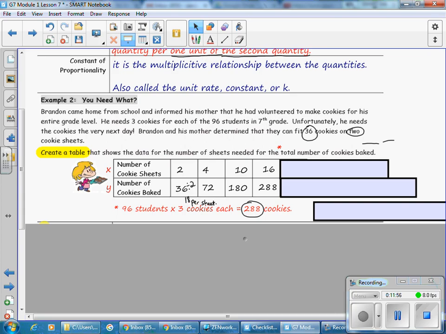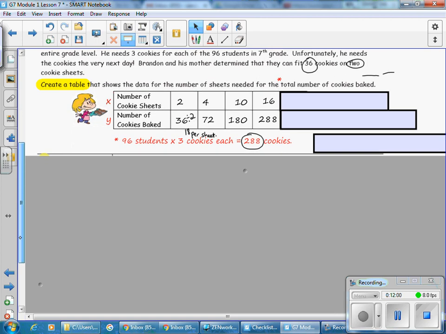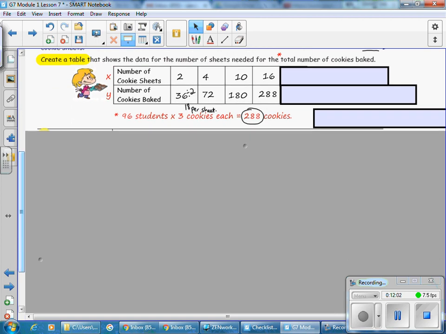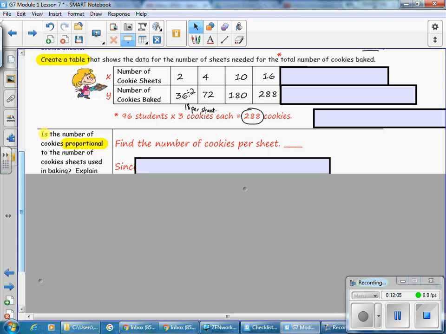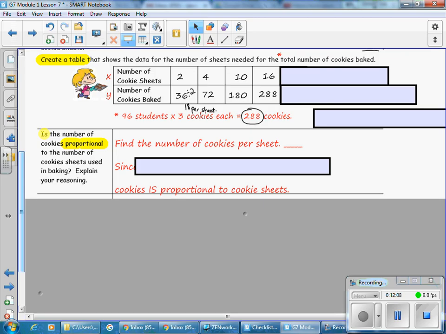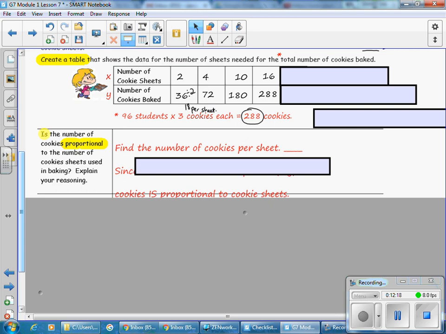So now we know that we need 288 cookies. We also know that we need 16 sheets to make that many cookies. And the next question is asking, is the number of cookies proportional to the number of cookie sheets used in baking? So finding the number of cookies per sheet, we did that and the answer was 18.